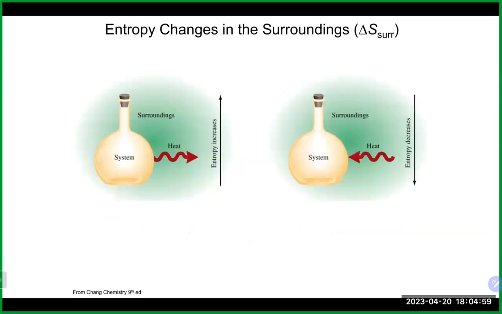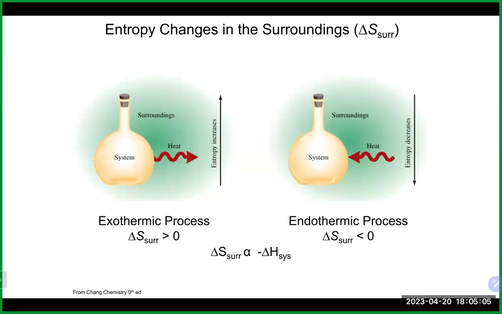So now let's talk about the surroundings and how we could calculate the delta S of the surroundings. If we look at this process here on the left, this is an exothermic process. This is the system releasing all that heat and energy to the surroundings. When the surroundings picks up all that heat and energy, what should happen to the entropy of the surroundings?